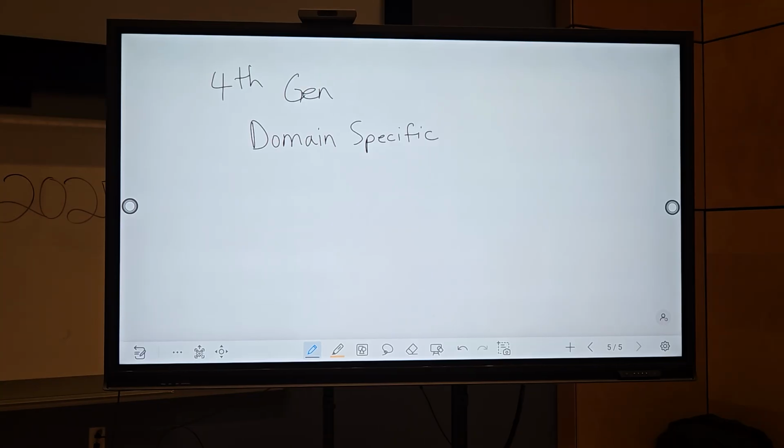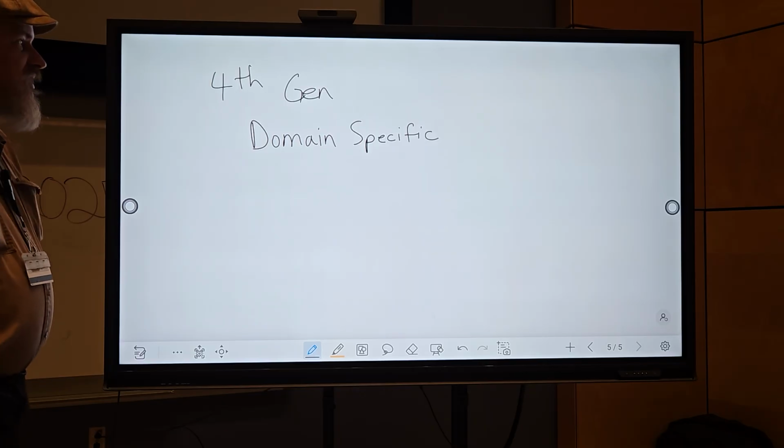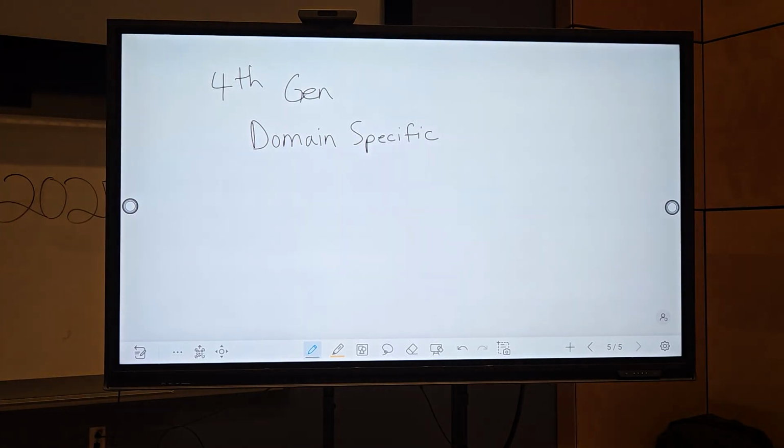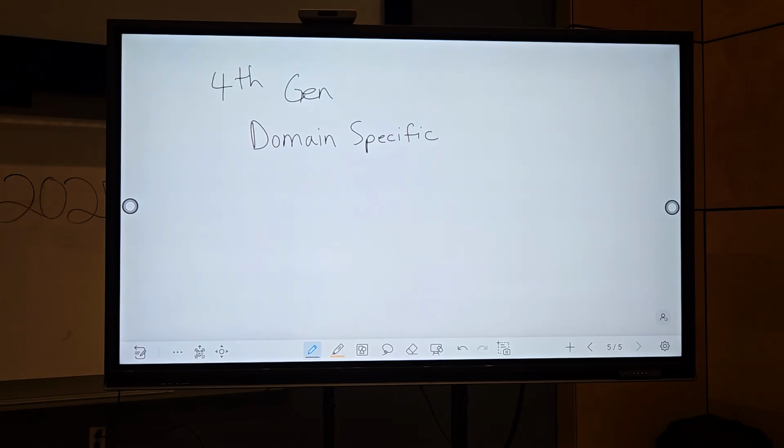But fourth generation are domain specific, not general purpose languages. I saw some names of languages that are fourth generation, and I didn't recognize a single one of them. I figured you probably wouldn't either. Not something I'm going to test you on or anything like that, but there are not very many fourth-generation languages.